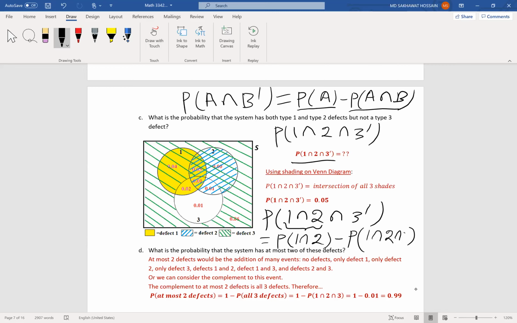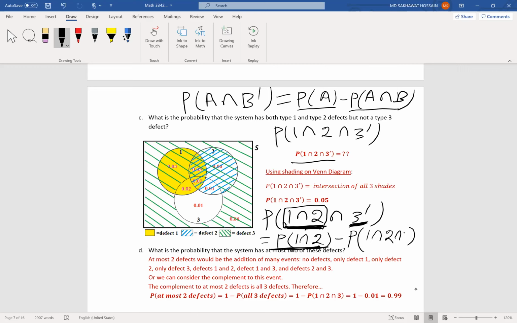Okay, so if you consider 1 intersection 2 as A, this is considered as one event. So we are looking for the probability of this event intersection the complement of another event. The formula for this one is the probability of this event which doesn't have the complement, so the probability of 1 intersection 2, minus the probability of the intersection of this one and this one without complement.